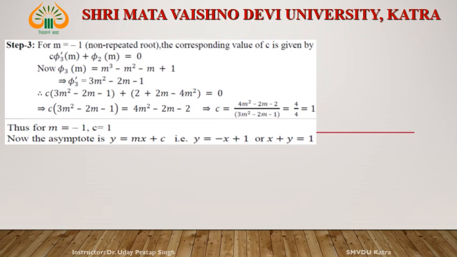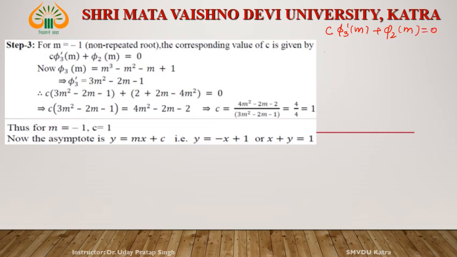Now for m is equal to minus 1, that is the non-repeated root, how do we obtain the corresponding value of c? The corresponding value of c can be obtained by this formula: c phi 3 dash m plus phi 2 m is equal to 0.